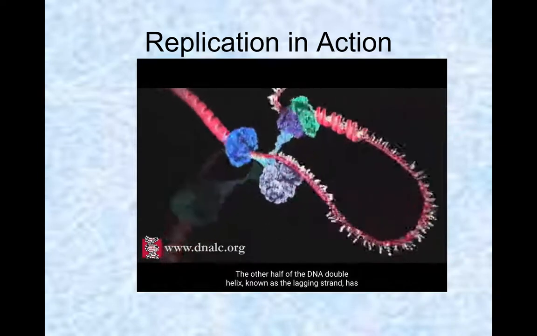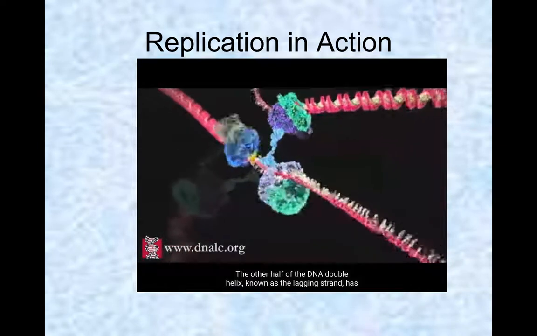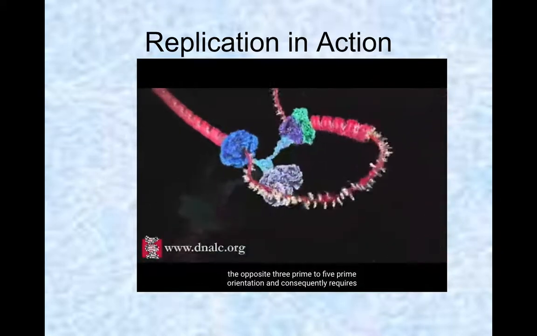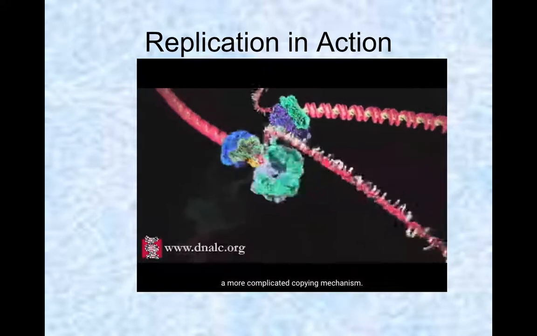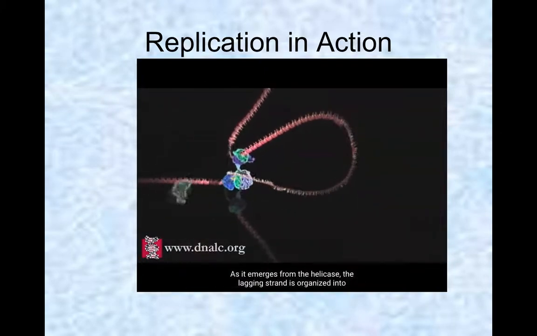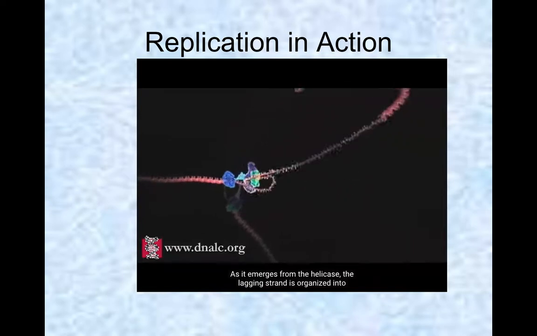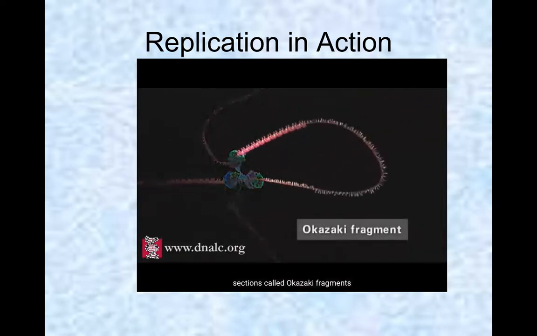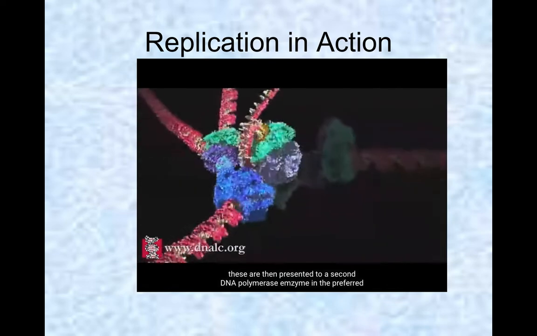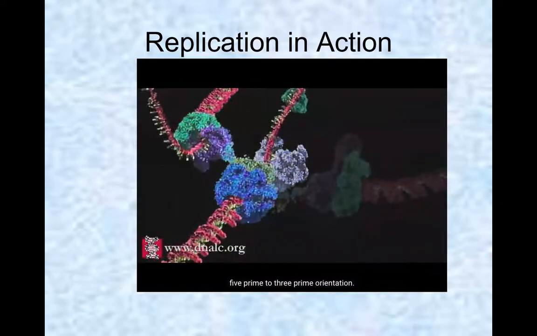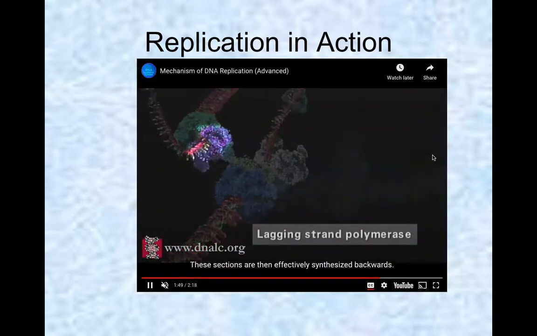Okay, but the other half is the lagging strand, and you see this weird looping thing where you get the polymerase molecules jumping off and on again, right? Notice how that loop is going out. That's because the polymerase molecule is working in the opposite direction of helicase, and it's producing these fragments, these Okazaki fragments, and those fragments are then eventually going to have to be sealed together.